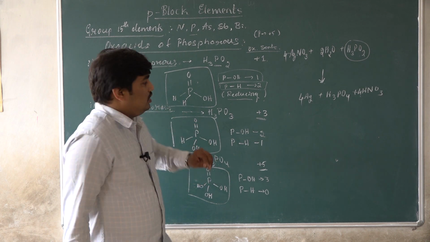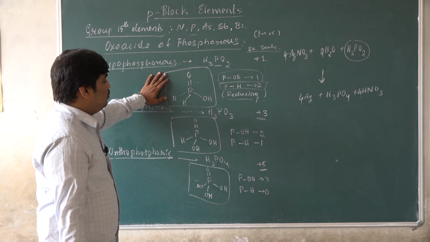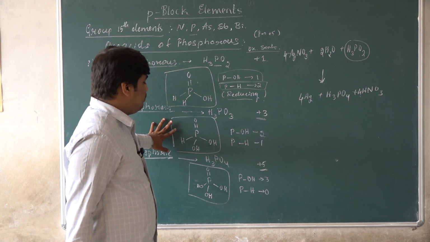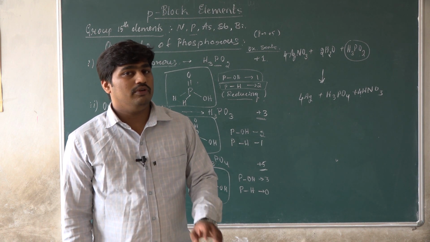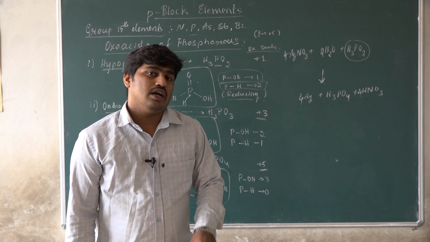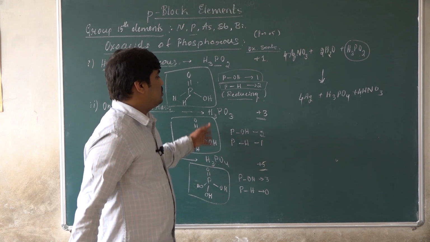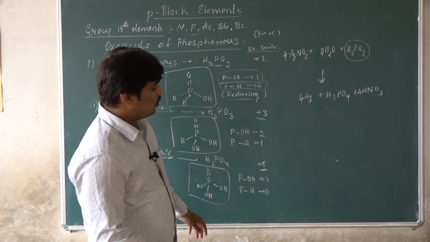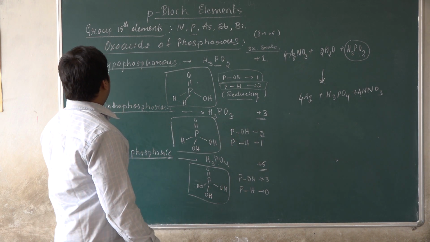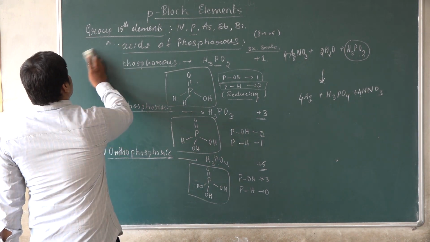Identify the basicity of H3PO2. What is the basicity of H3PO3? What is the basicity of H3PO4? Determine the basicity of these compounds and write your work in the assignment. So these are the oxo acids of phosphorus.